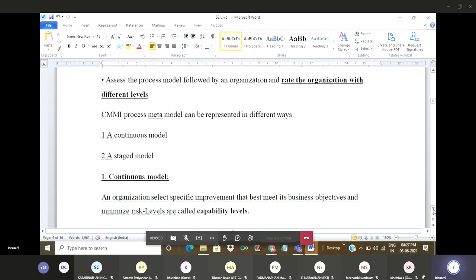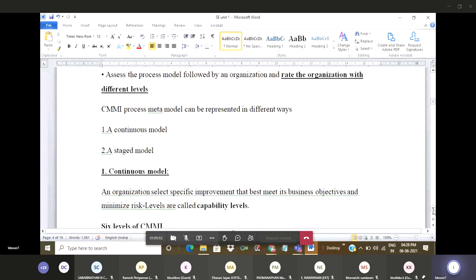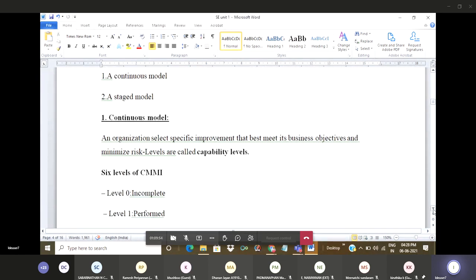The capability maturity model integration process model can be represented in two ways. One is the continuous model, the second one is the staged model. Under the continuous model, we have capability levels. What does capability level mean? An organization selects specific improvement.